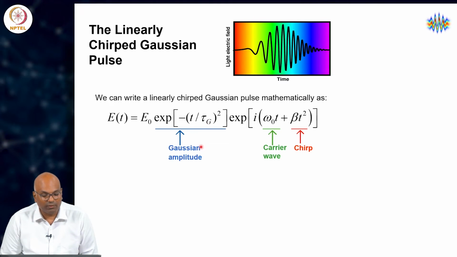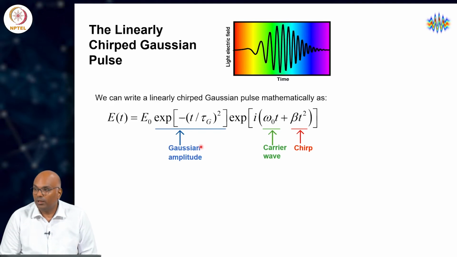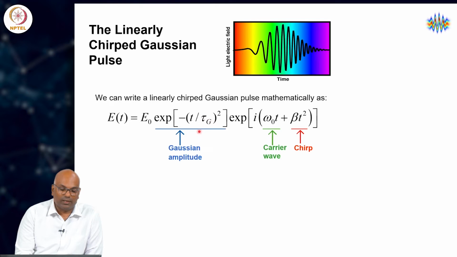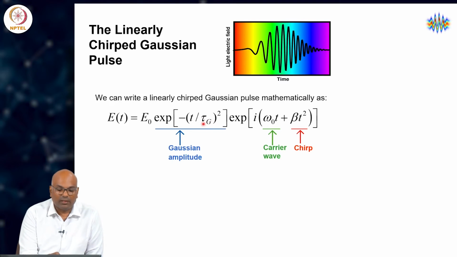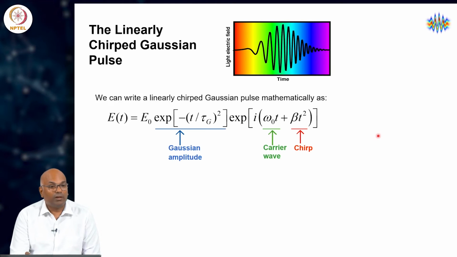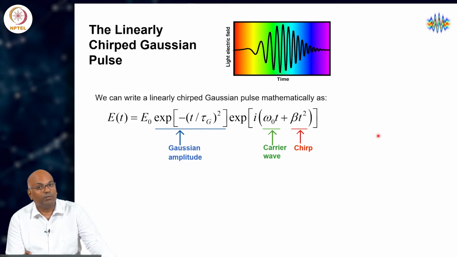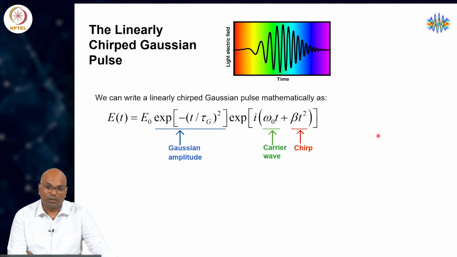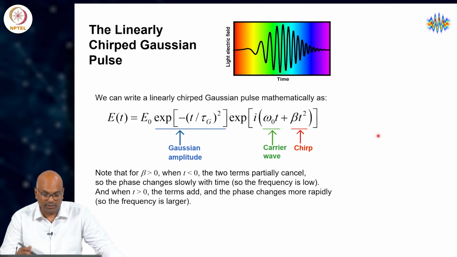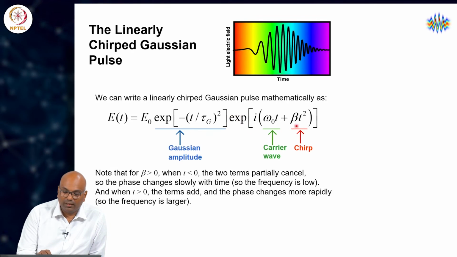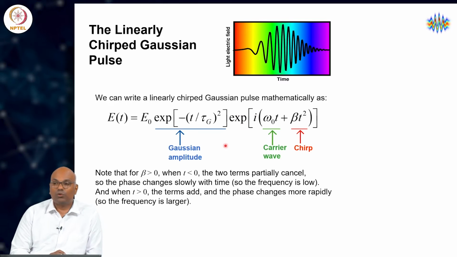Tau g itself is the half width at 1 over e for the Gaussian, that is, it subscribes to that definition, and you can relate this to the full width at half max of the Gaussian using the factor square root of 2 log 2, log being not base 10, but base e here. And the exponent, the complex exponent, then has two terms.